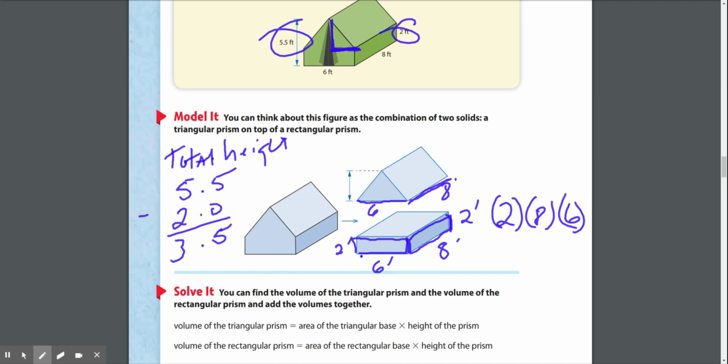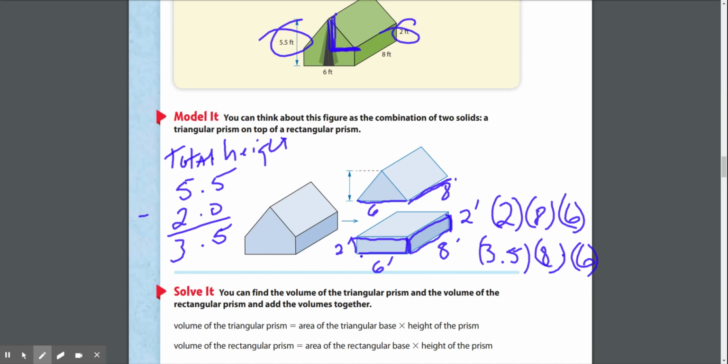Right? So the height of that triangular base part is 3.5. And the length is 8. And the other length is 6. Same as on the other prism.